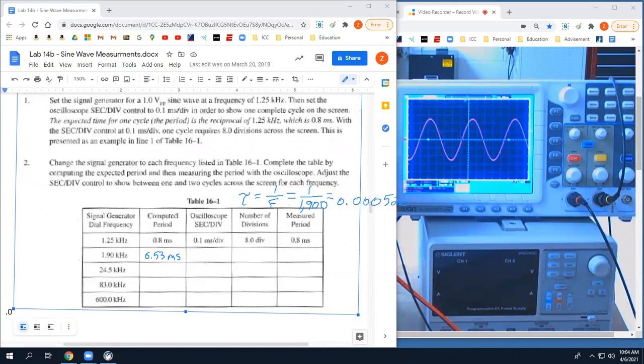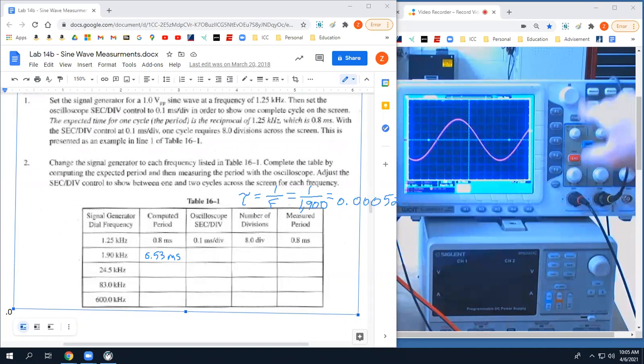As long as you can see a full cycle. Remember, we're counting horizontally. We have to have a full cycle or a full period on the screen, as long as we can count the divisions. This knob adjusts horizontally. Okay, well, let's do that for an example, okay?